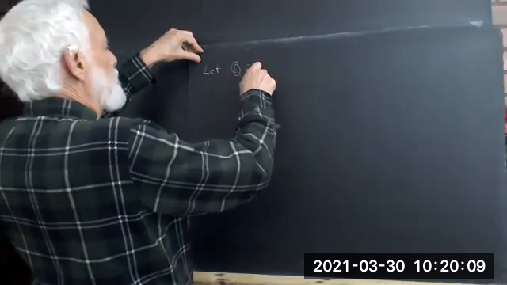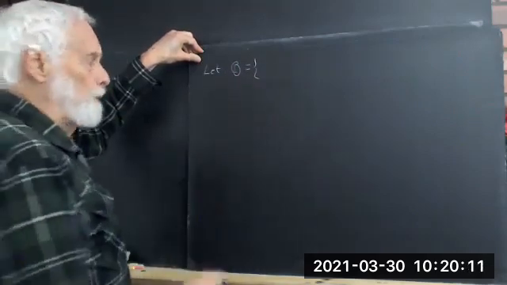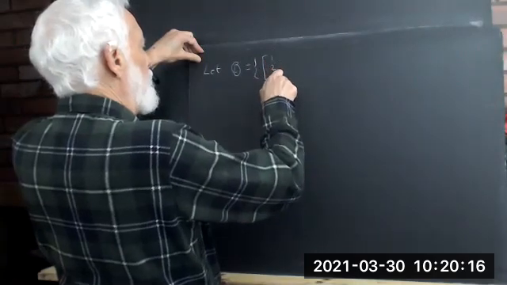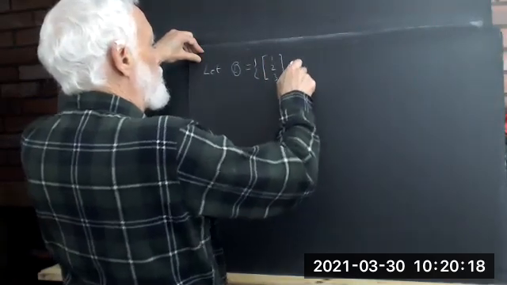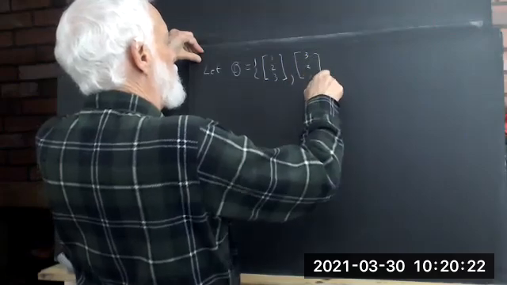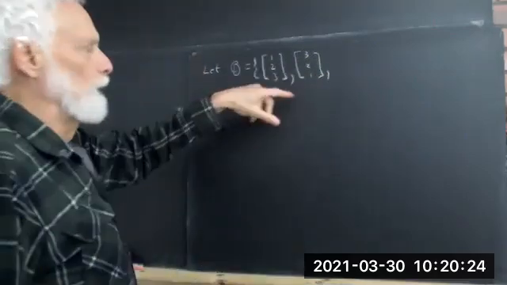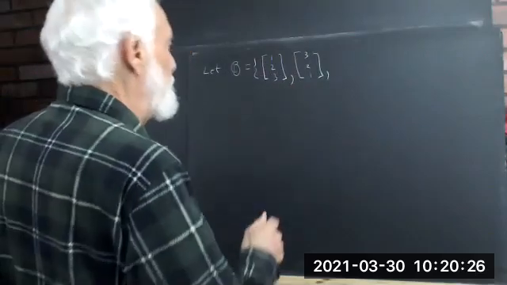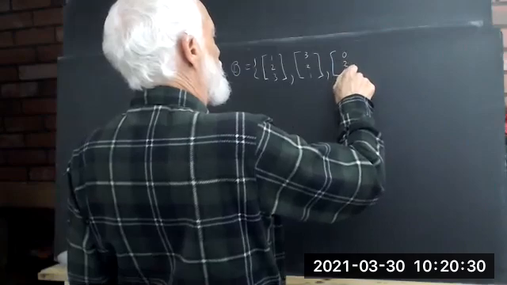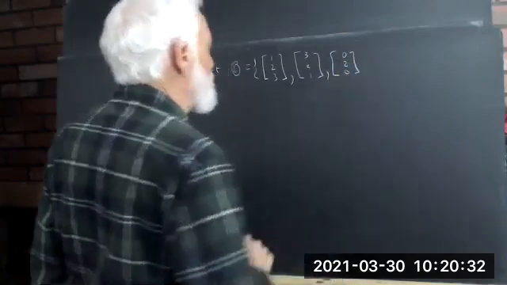Let your basis in R3 now be (1, 2, 3), (3, 2, 1), (0, 2, 0).